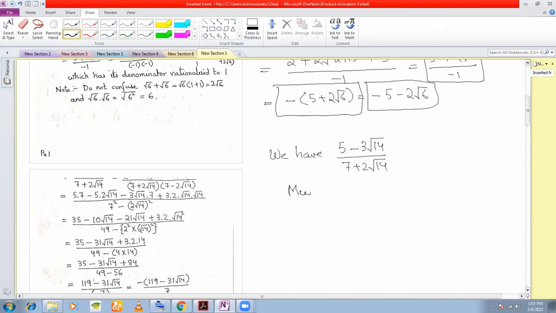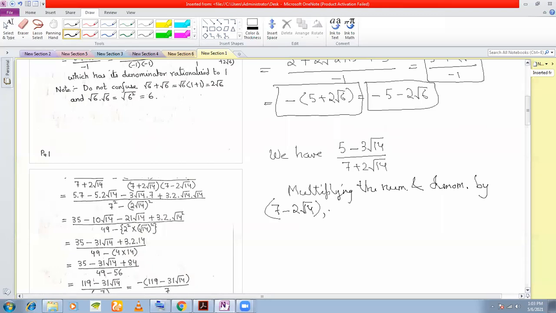So multiplying the numerator and denominator by what? Can anyone tell me? What should we multiply by? 7 minus 2 root 14. Yes, 7 minus 2 root 14.